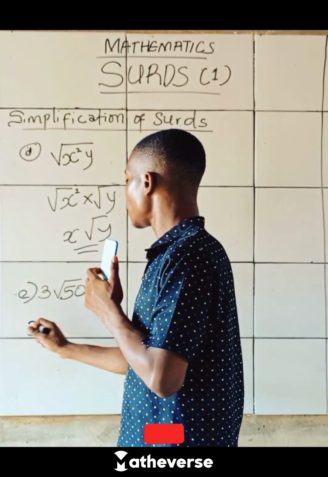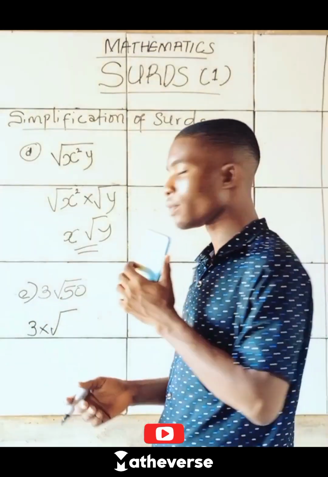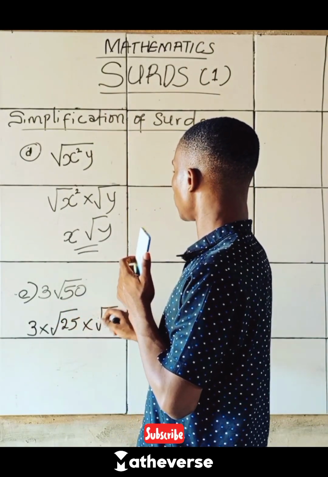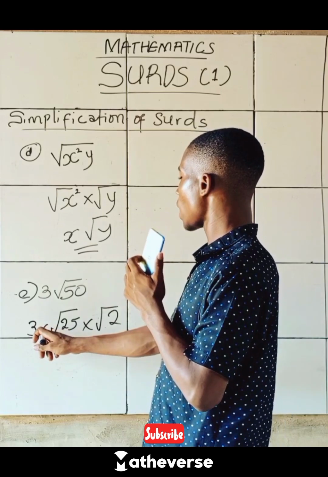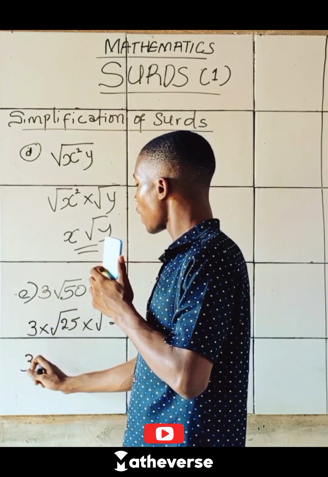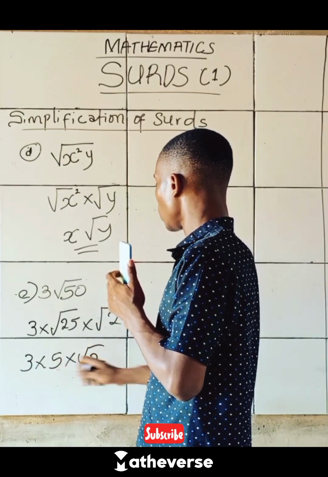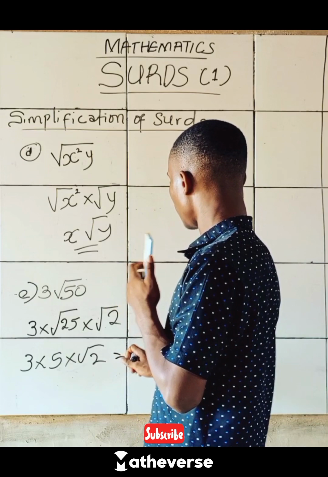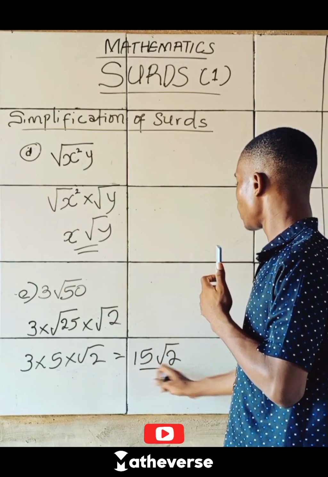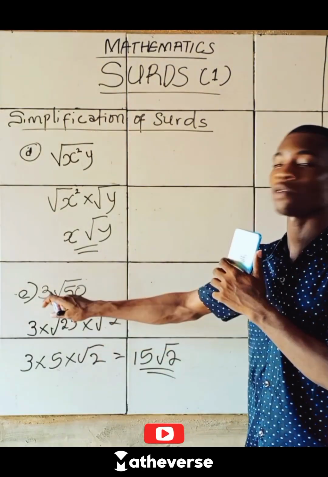So we'll have 3 times root of 25 times root 2, because 25 is a perfect square. So the square root of 25 is what? 5. So 3 times 5 times root 2. 3 times 5 is what? 15 root 2. So that's our final answer. 15 root 2 is the simplest form of the given surd.